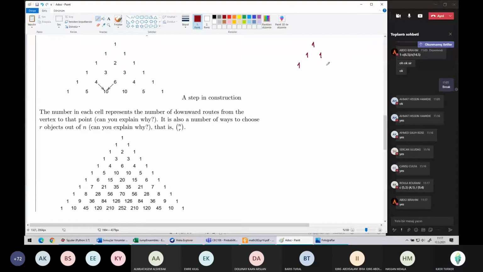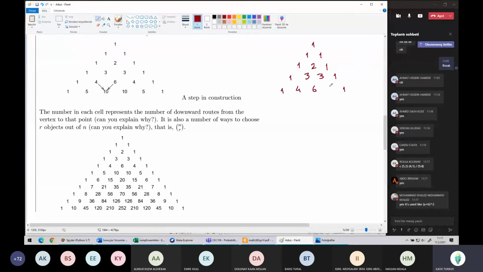The sum of 1 and 1 gives you 2. 2 and 1 gives you 3. Yes, the sides are equal to 1 always. Also 1, 4, 6, 4, 1, and so on.